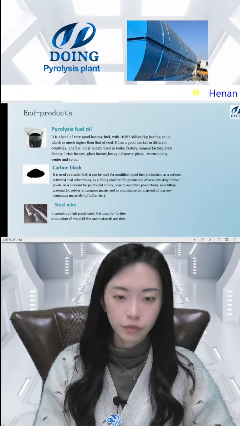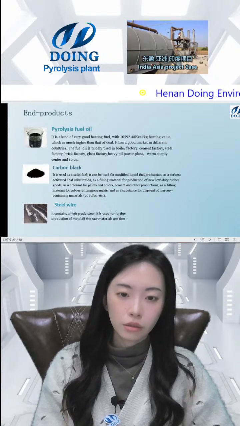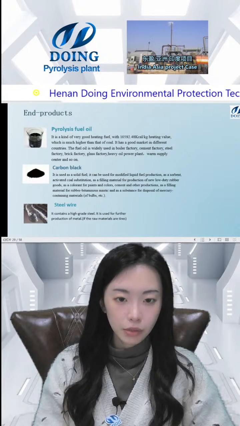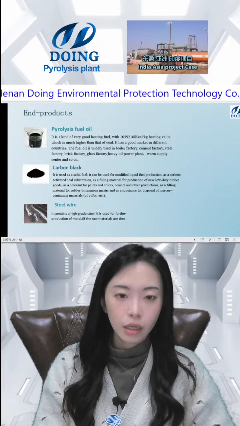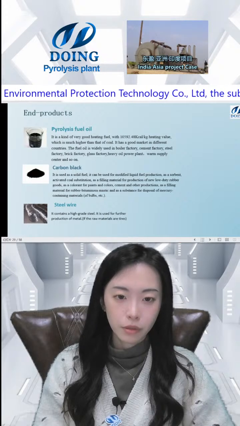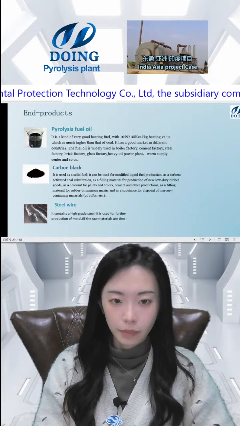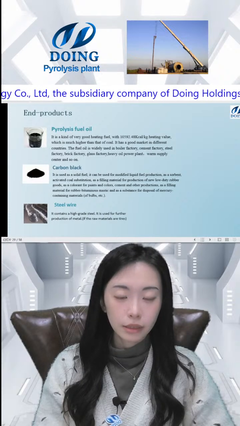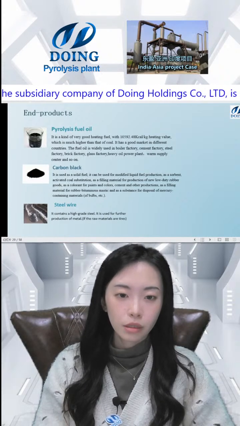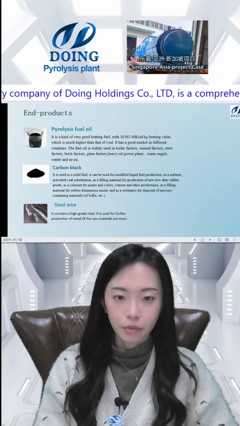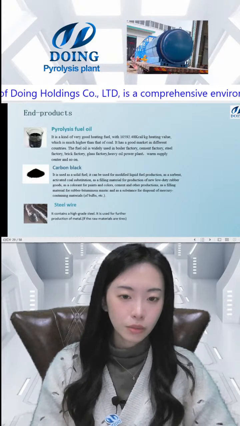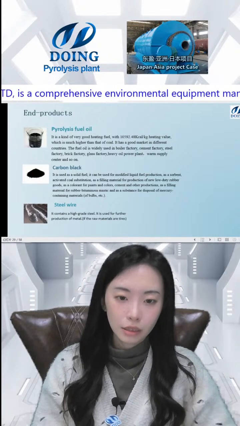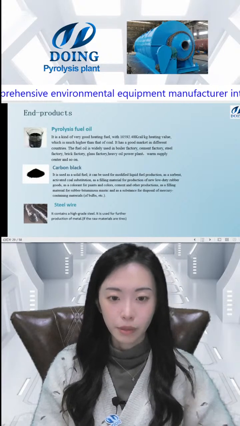This is different: for the batch type we get the steel wire in the last step, and for the fully continuous and semi-continuous plants, we get the steel wire in the process step. So the steel wire is not put into the reactor, and its quality is much higher than the batch type.